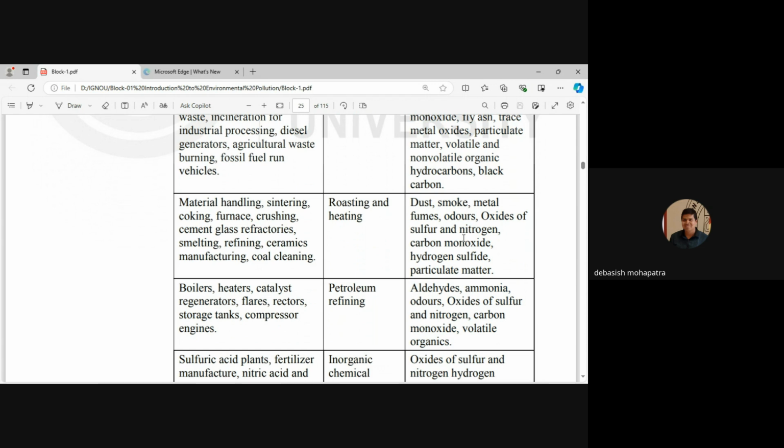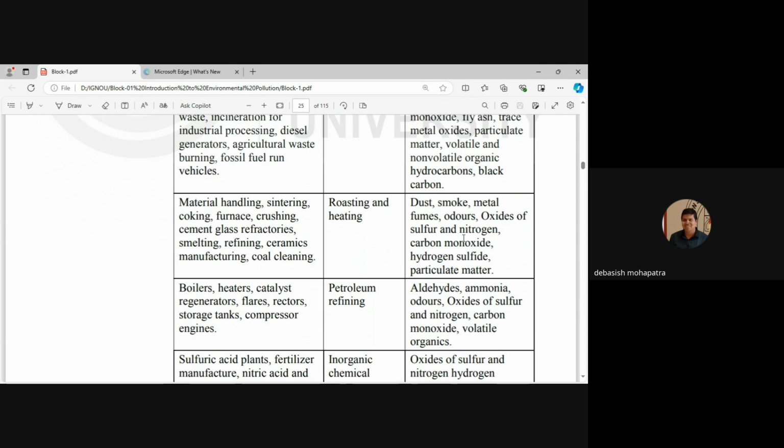Then metal handling, sintering, caulking, furnaces, crushing, cement, glass, refractories, smelting, refining, ceramic manufacturing, and coal cleaning. By roasting and heating of these products, we get dust, smoke, metal fumes, odor, oxides of sulfur and nitrogen, carbon monoxide, hydrogen sulfide, and particulate matter.